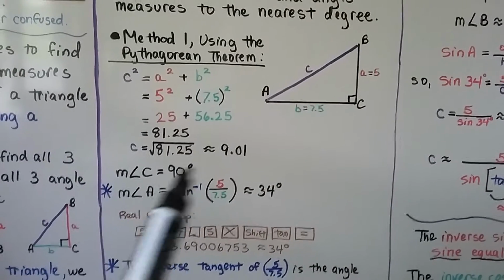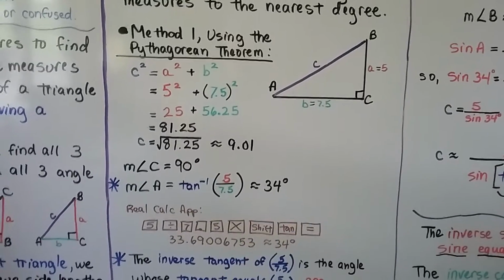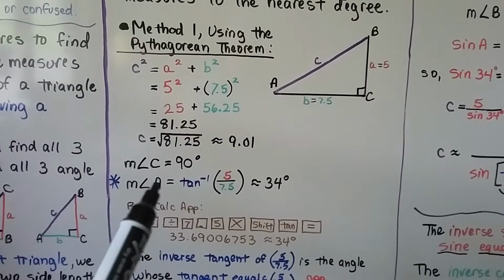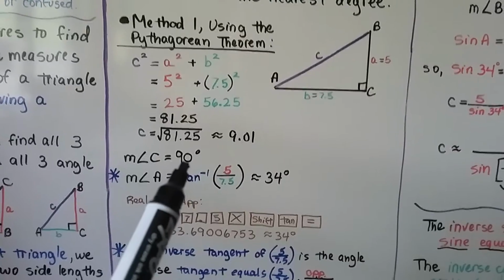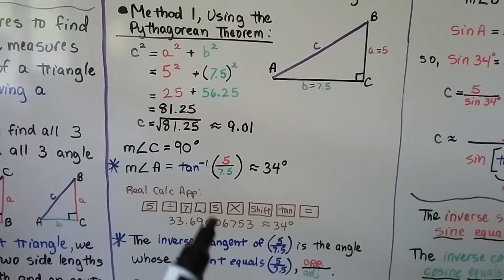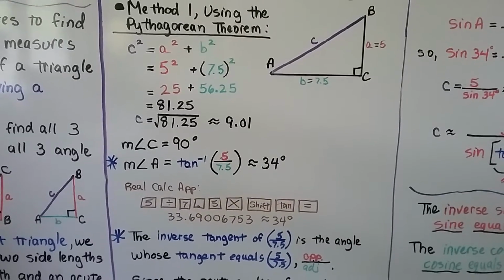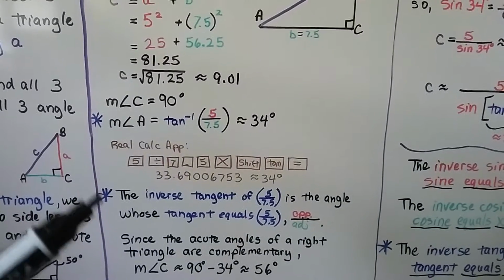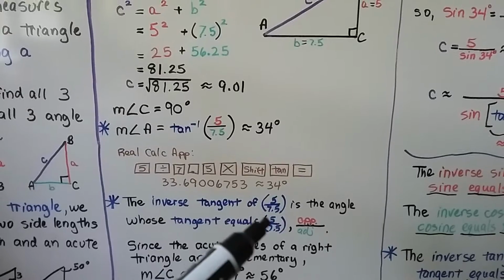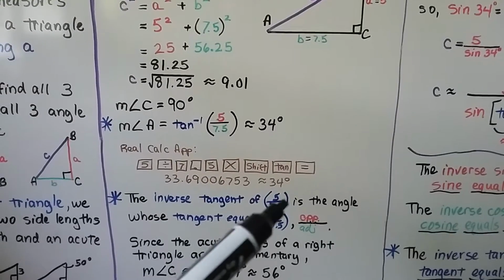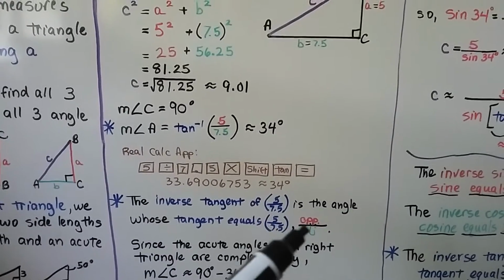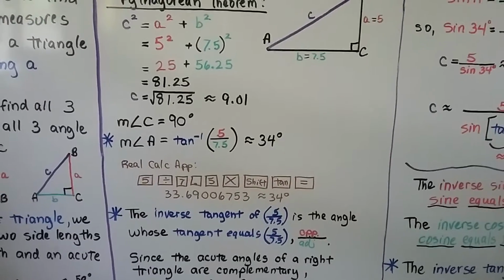We know the measure of angle C is 90 degrees right here, and the measure of angle A is equal to the inverse tangent of the opposite over the adjacent legs, and that's going to be approximately 34 degrees. Now, the inverse tangent of 5 over 7.5 is the angle whose tangent equals 5 over 7.5, that opposite over the adjacent, okay?